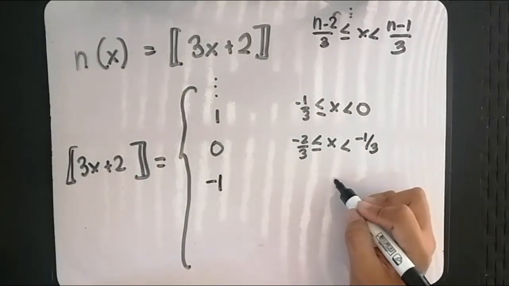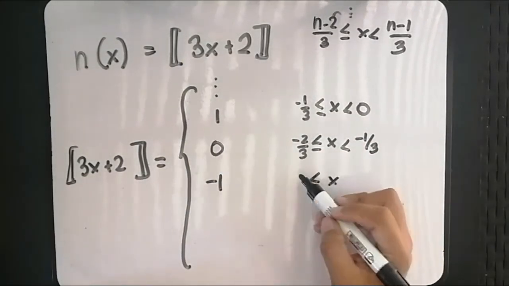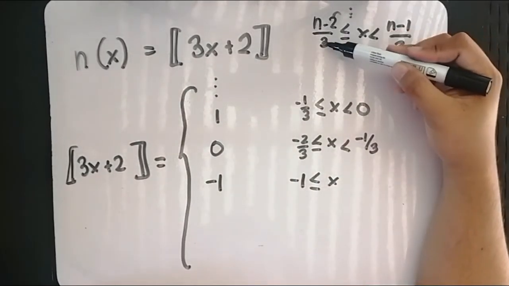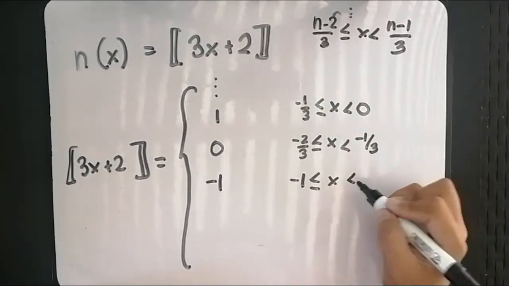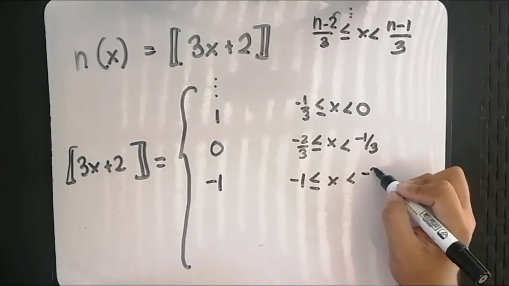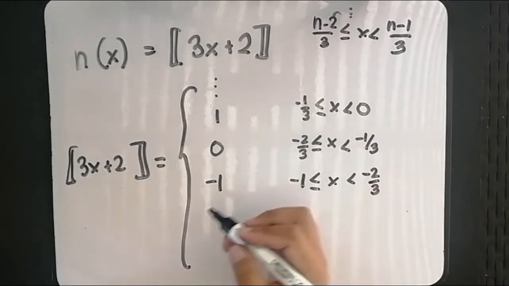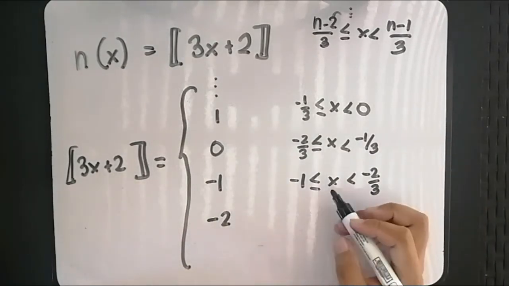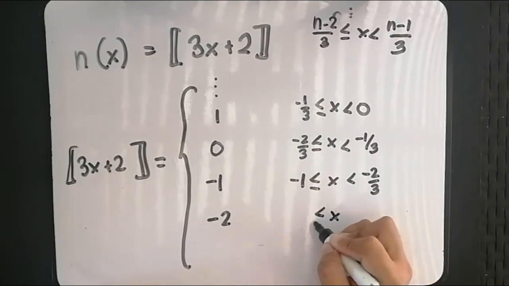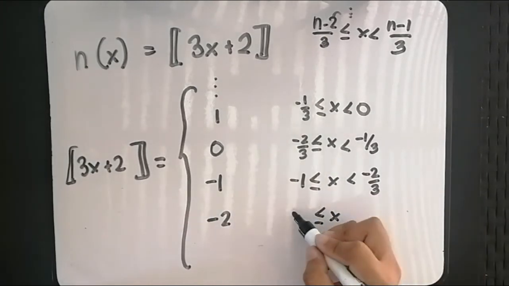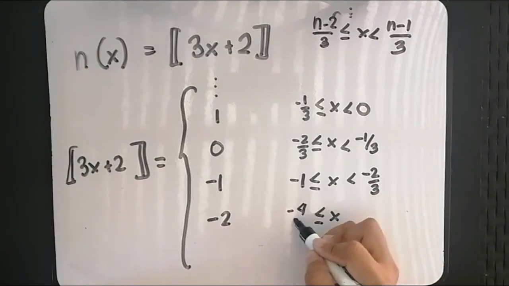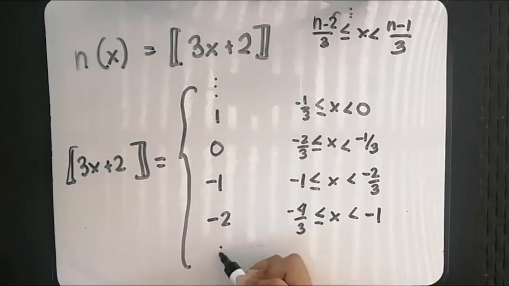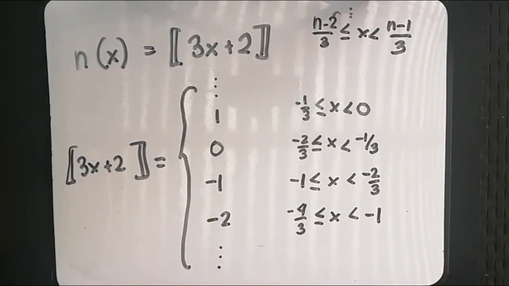Then, negative 1 siya kapag x is greater than or equal to negative 1. Kasi negative 1 minus 2, negative 3 divided by 3, so negative 1. But less than negative 2/3. Negative 2 naman siya kapag x natin is greater than or equal to negative 4/3 but less than negative 1. And so on and so forth.